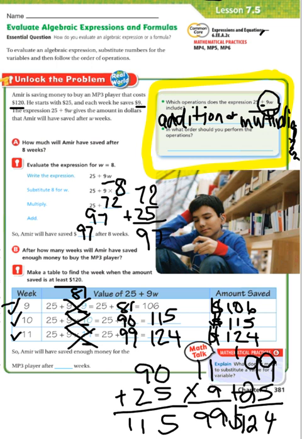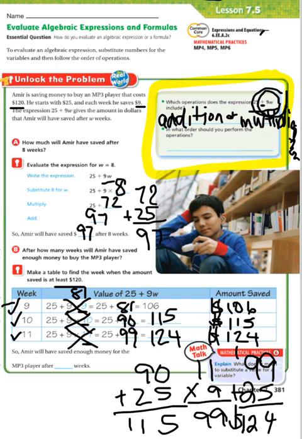Sorry for my sloppy writing. I just don't want you to forget that you're always going to multiply when there is a number next to a variable and there's nothing in between. Sometimes there will be a multiplication sign, but most of the time there will not be.